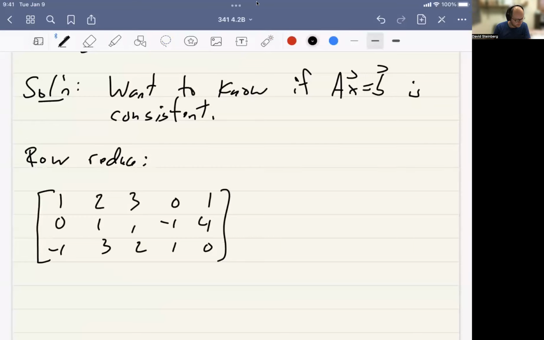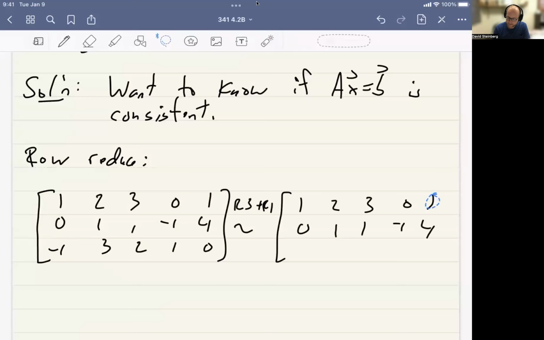Okay, so let's do R3 plus R1. So the first two rows aren't going anywhere. 0, 5, 5, 1, 1.